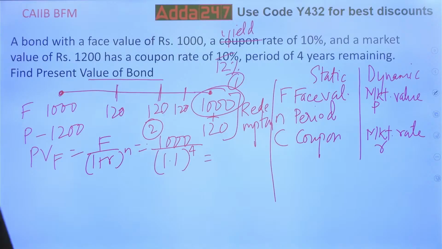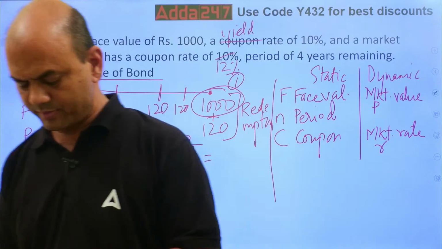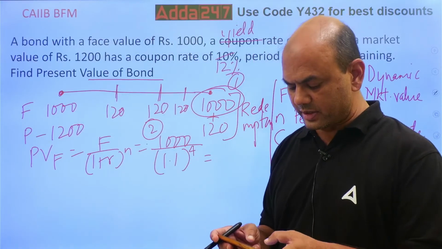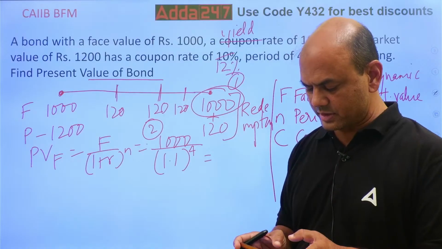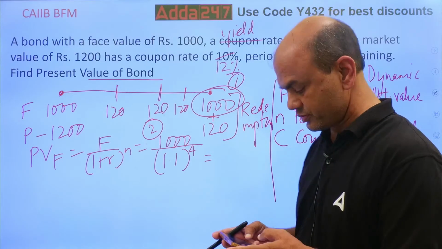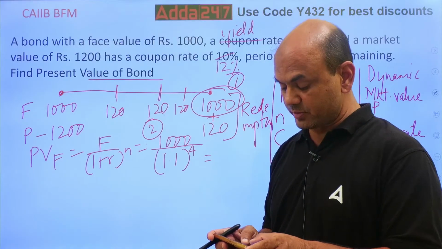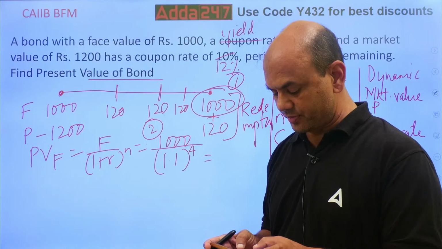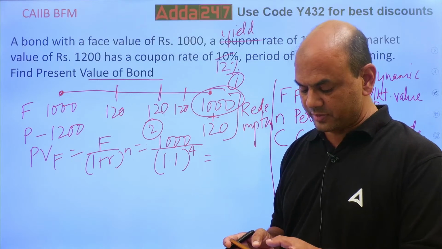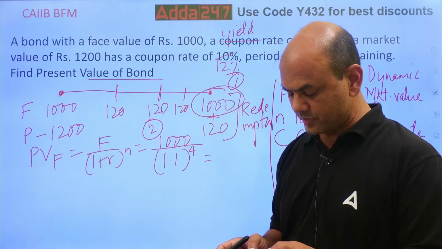Let me also try on the calci. So what do we want? 1000 divided by 1.1 raised to 4. So first you'll have to do this 1.1 raised to 4. 1.1 raised to means into equal to 4 times.